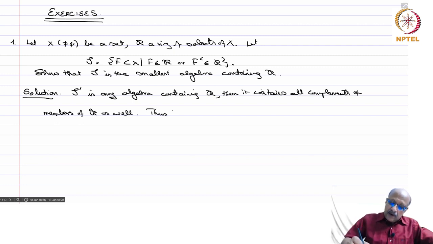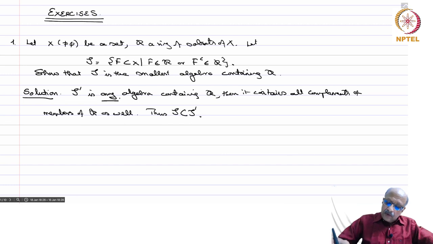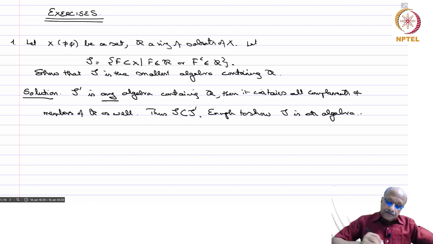So thus S is contained in S dash for any algebra containing R. So enough to show S is an algebra. So phi belongs to R implies phi belongs to S, the empty set belongs to S, and this implies X belongs to S because it's the complement of phi.